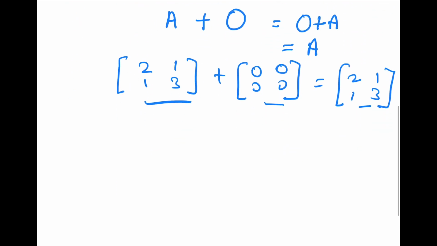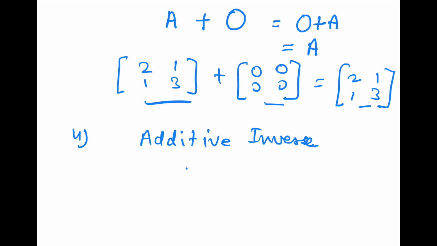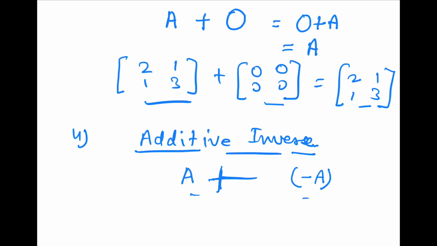Now fourth property is additive inverse. This also exists in addition of matrices. If there is a matrix A, then there exists a negative A. If these both matrices are added, then we get 0, or minus A plus A is equal to 0.